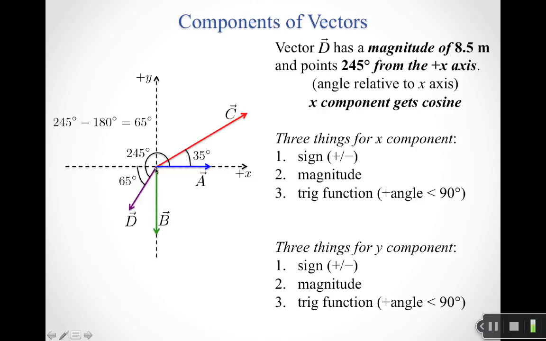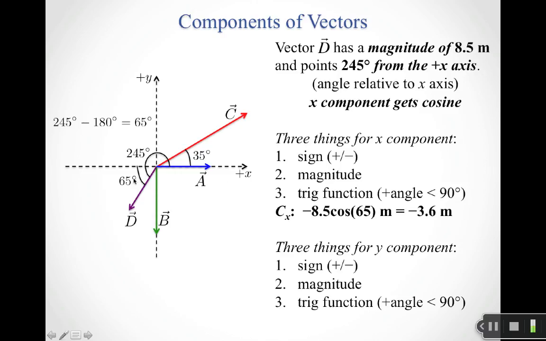That means I need a negative sign, because positive x points to the right. The magnitude will be 8.5 meters, so the x component will be negative 8.5 times the cosine of 65 degrees meters. That's another way of saying negative 3.6 meters.